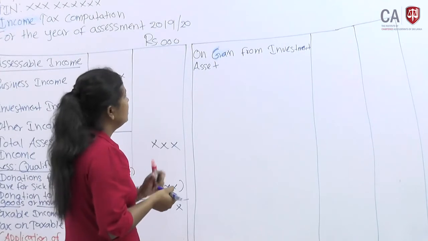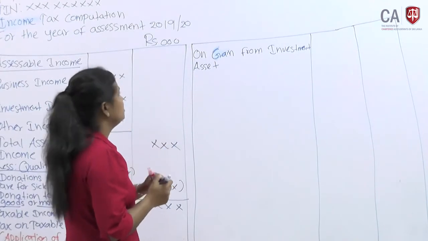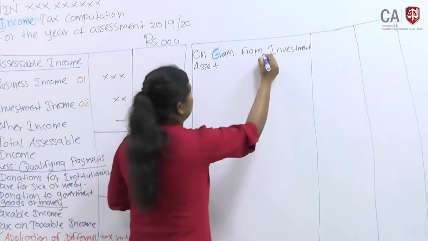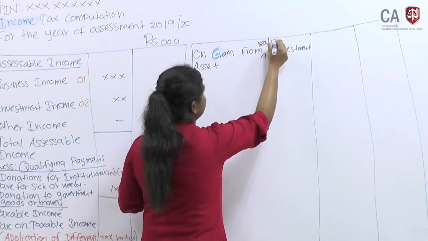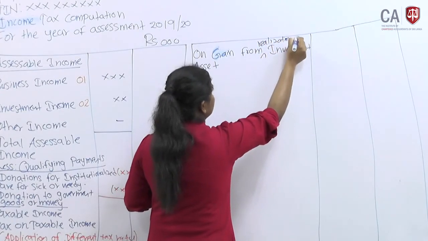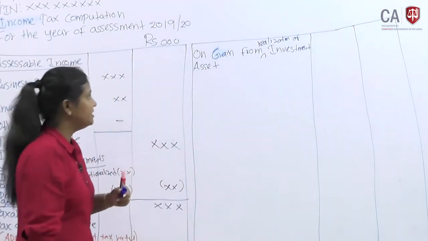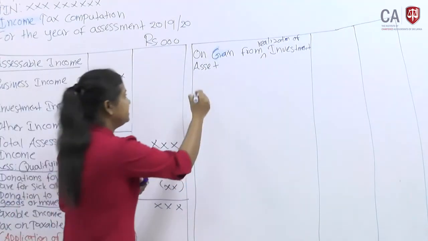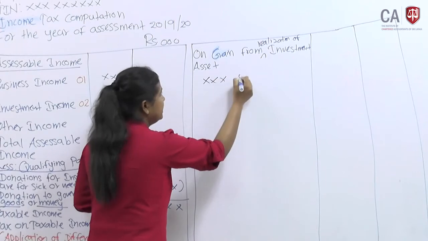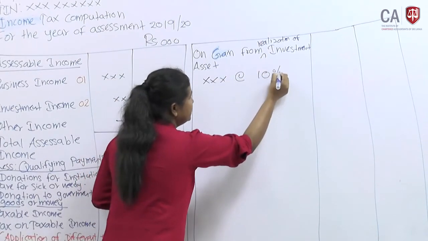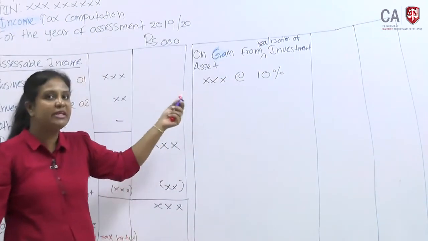On the gain from realization of investment asset, that amount is the gain. It should be taxed at the rate of 10%. Be mindful of these things.